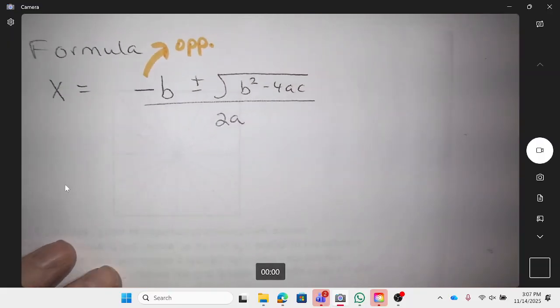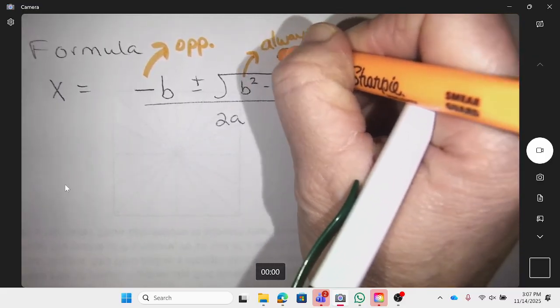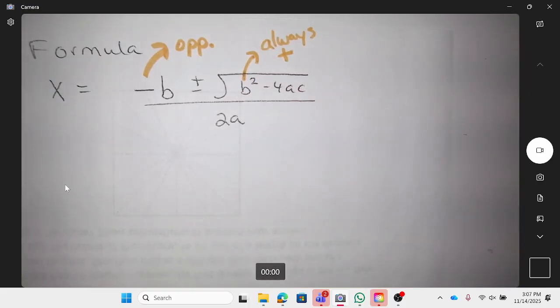I'm going to remind myself that the negative b means just taking an opposite. So if you don't know what that means, if there's a positive in yours, you write negative. If there's a negative in yours, you write positive. And I'm going to remind myself that that b squared value should always be something that's positive, no matter what.